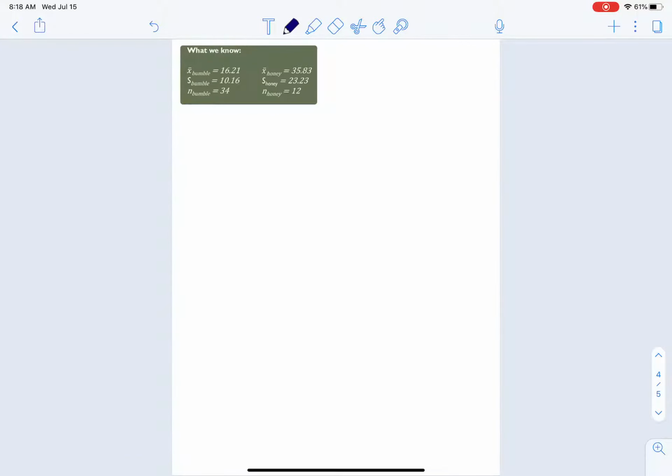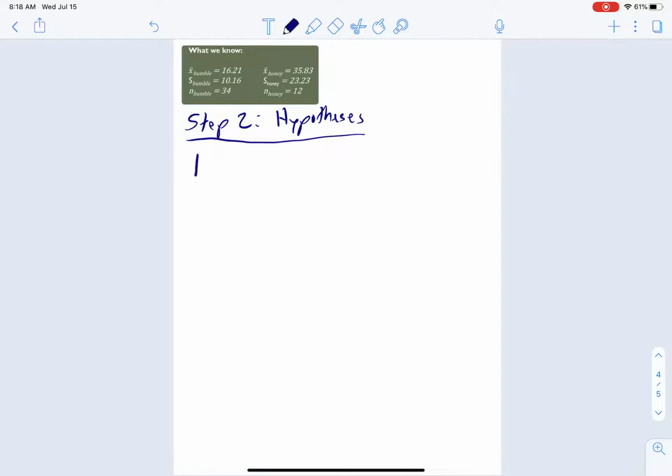Step two is the hypotheses. Very cool. And so we have our two usual suspects. However, I'm going to write them in two different ways, just so we can see what's going on. Same deal, they're both going to be saying the same thing.